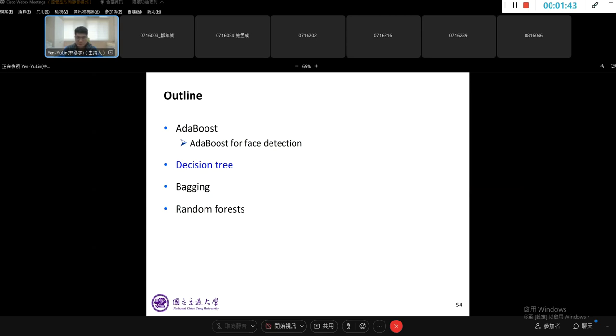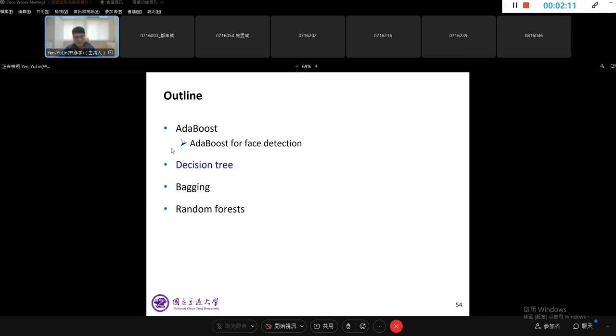Each rectangle feature can be used to construct a weak learner candidate. Totally, there are more than 160,000 weak learner candidates. AdaBoost can effectively select just 200 weak learners to form a strong classifier. So this is what I told last week.